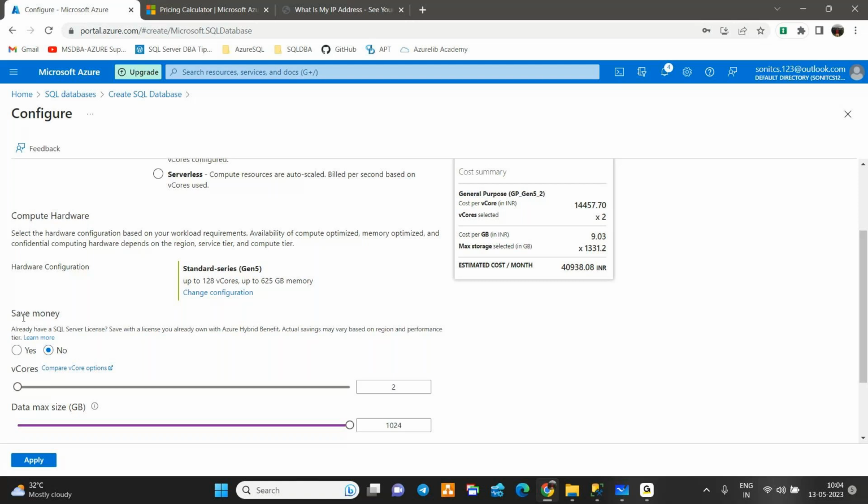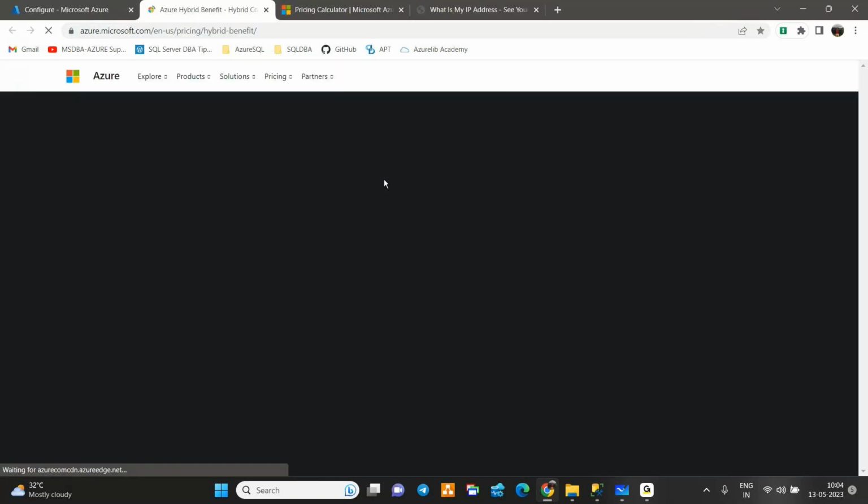For example, you have purchased a license on-premises, and that license is currently free, you're not using it anywhere. Now you can convert that on-premises license into a PaaS license with the help of Azure Hybrid Benefit.